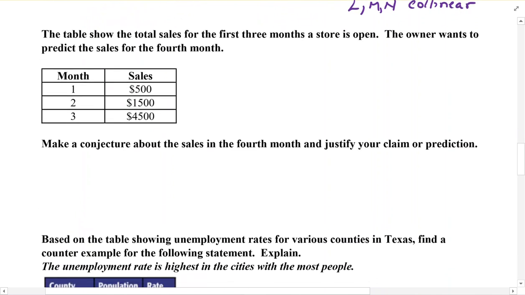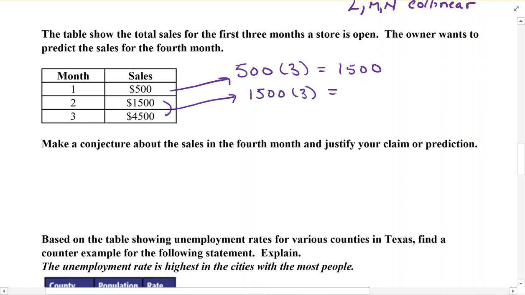This table shows the total sales for the first 3 months the store is open. The owner wants to predict or make a conjecture about the sales for the 4th month. We know that 500, which is the first month's sale, times 3 gives us 1,500. And if I look at the difference between these two, if I did 1,500 times 3, that gives us 4,500.